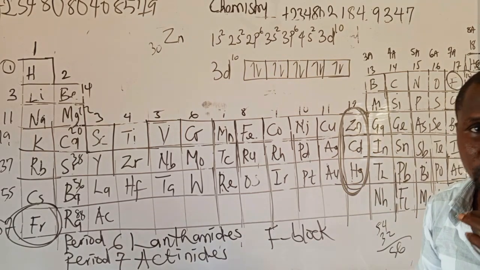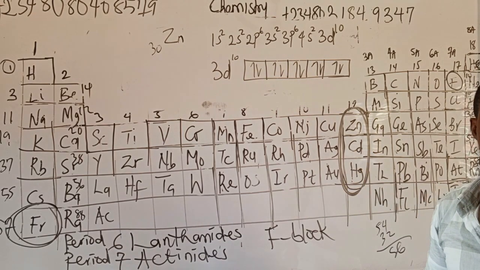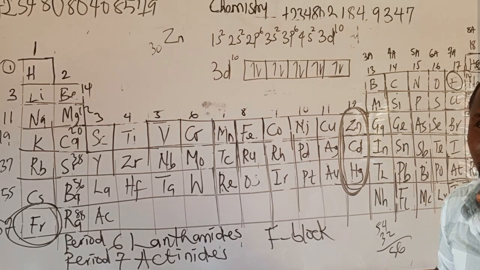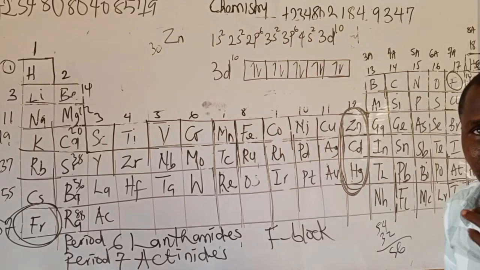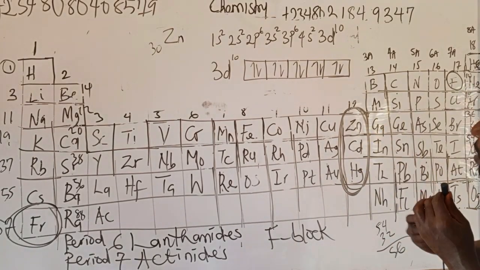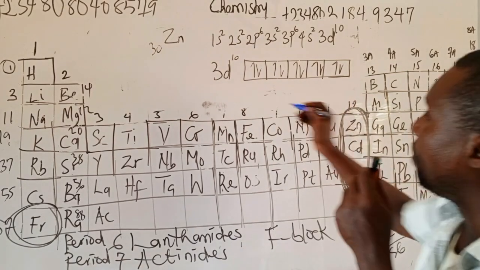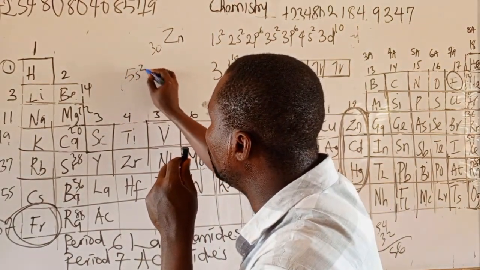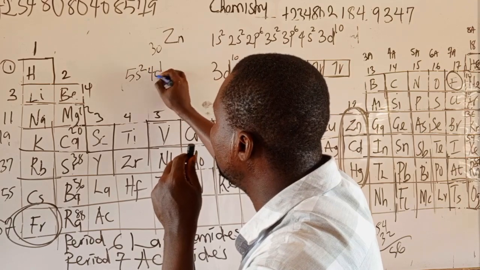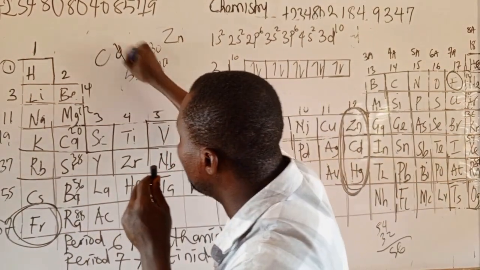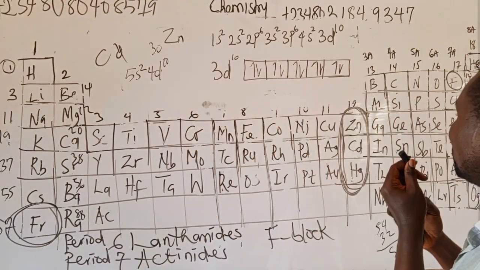They can ask JUPEB students which of the following is not a transition element. Take note, these have fully filled d orbitals. Since they have fully filled d orbitals, they are not transition elements. That means zinc, cadmium, mercury. For cadmium, we have 5s2, 4d10.